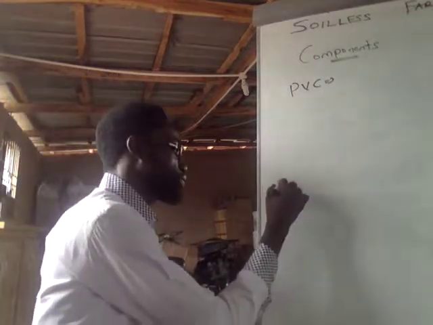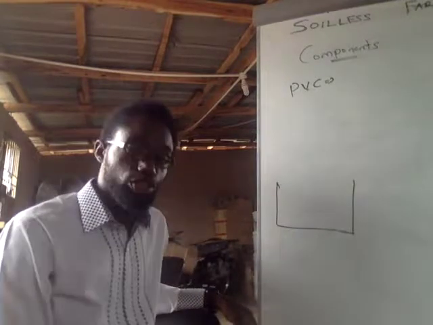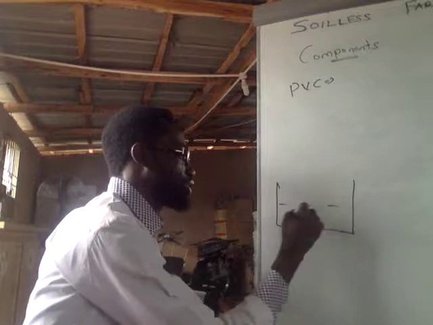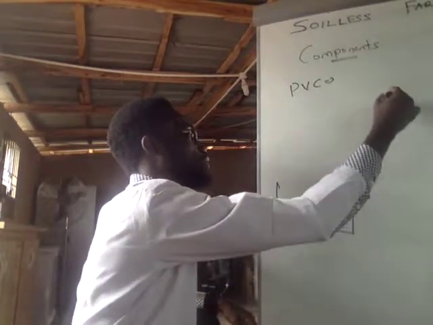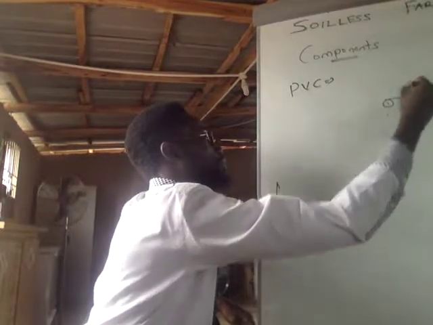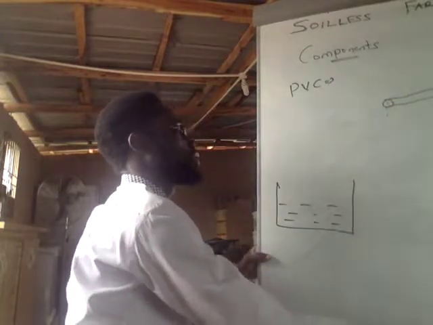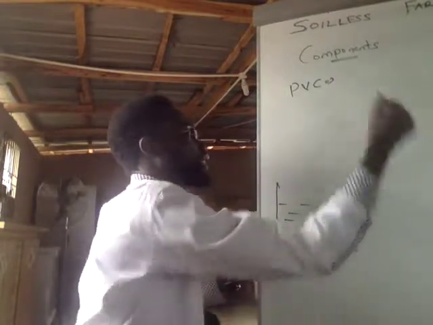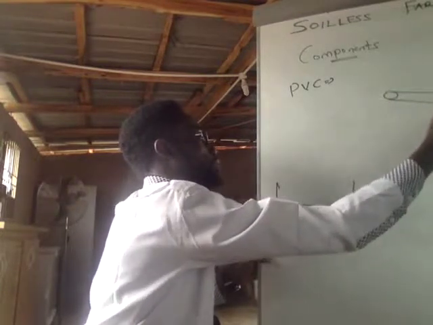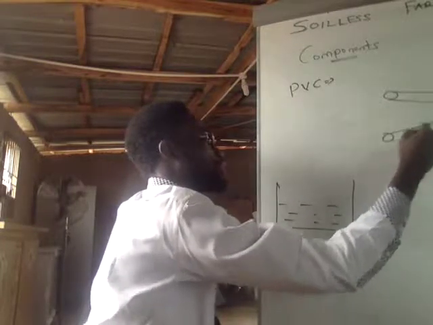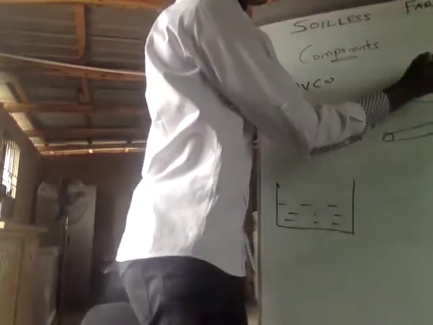So just a schematic diagram. Let's say this is my fish pond. If I want to do NFT, let's do a complete NFT. Pardon the diagram not being so fun.